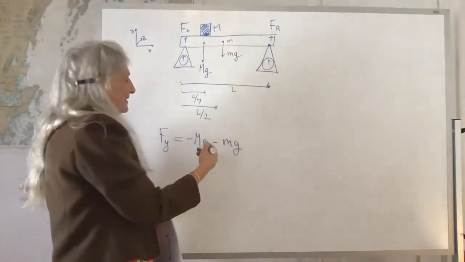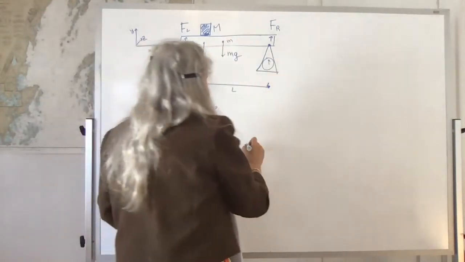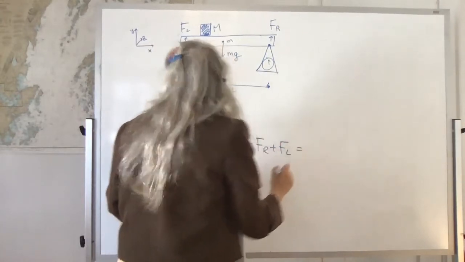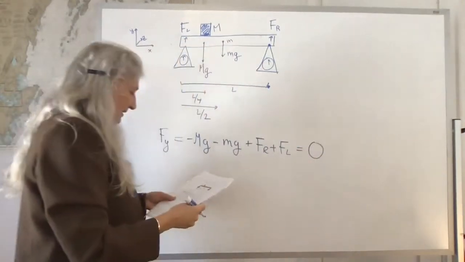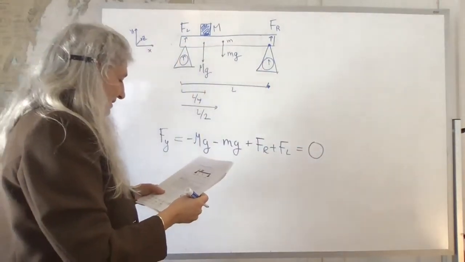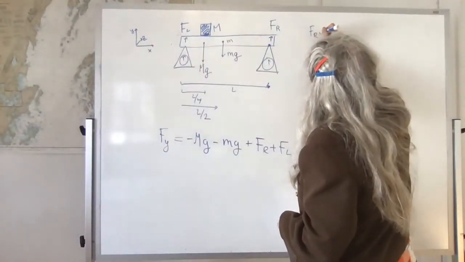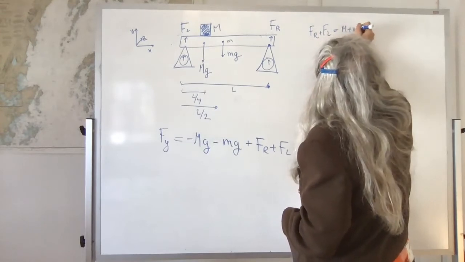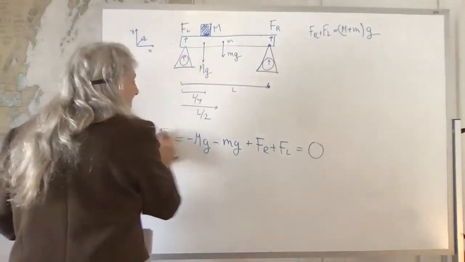We don't worry about where it's exerted yet because we're not computing torque. Then we have these two upward forces, and since everything is in balance, this is zero. That's our first condition. So FL plus FR equals M plus little m times g. We'll just remember that condition.